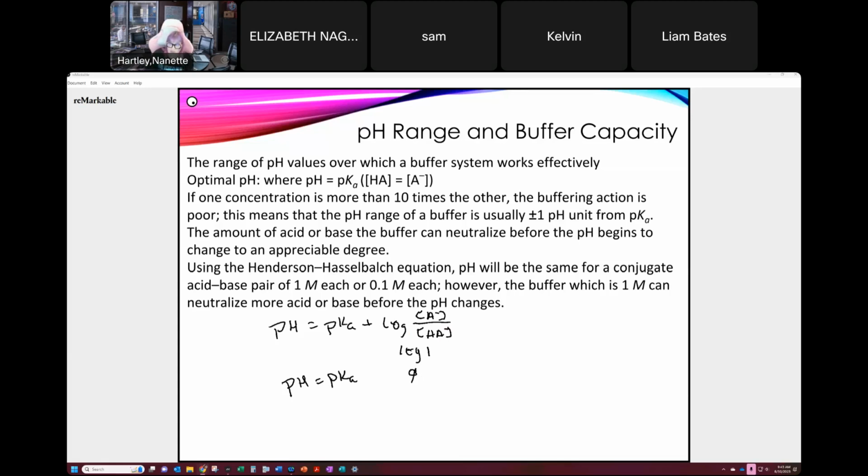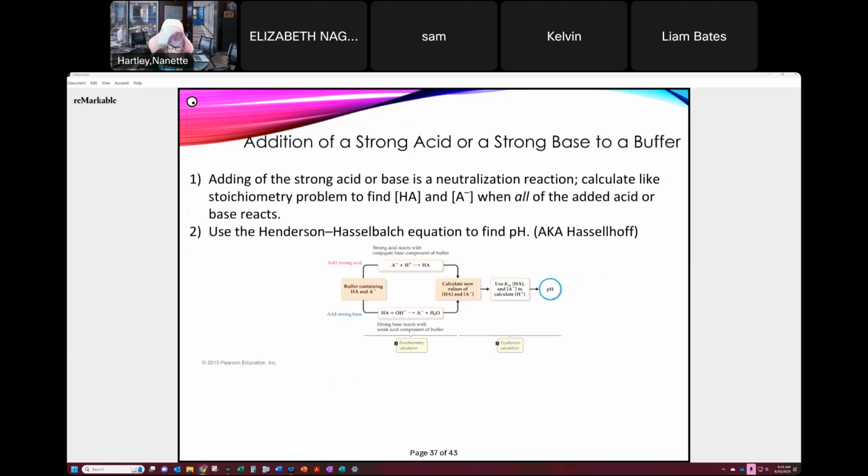So in practical solutions, they don't last forever. My buffer will eventually be exhausted and it can't continue to keep things from changing, right? Okay, so again, take my acid, add it to my buffer system. So here's my buffer containing HA and A minus.